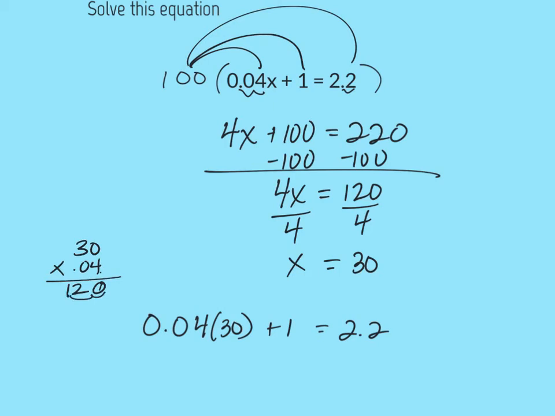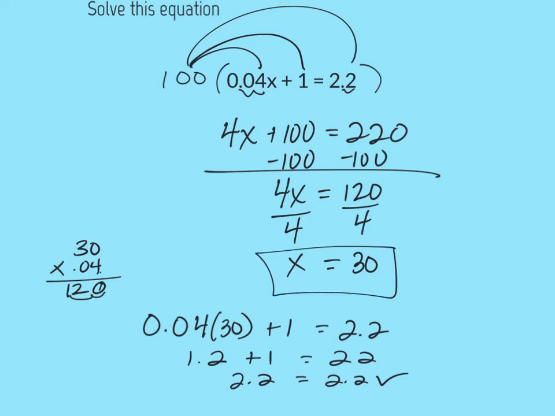So 30 times 400ths is 1.2. And then I add the 1, and that should give me 2.2 on both sides. So you can see that even when we solve an equivalent equation, we will get to the same result, and we can double check that in that original equation.